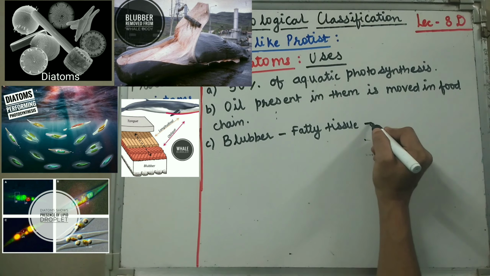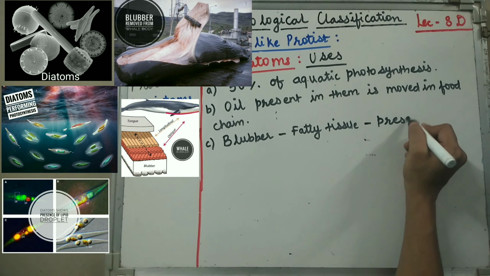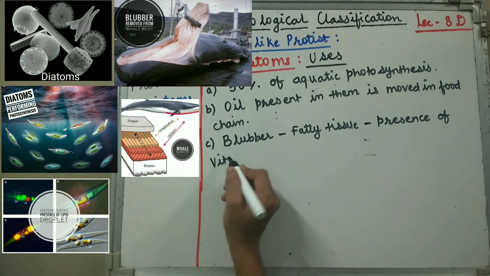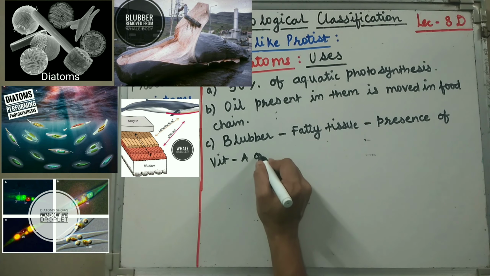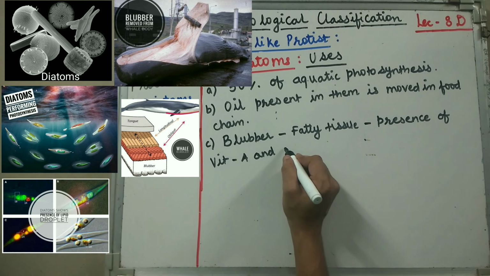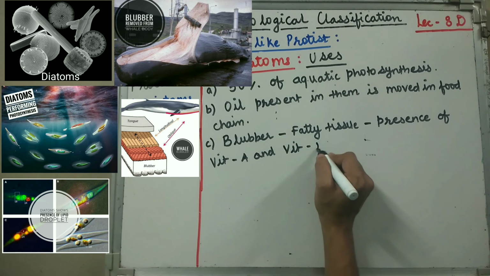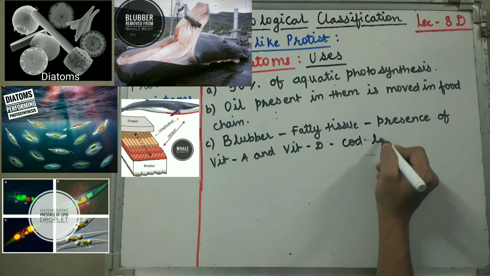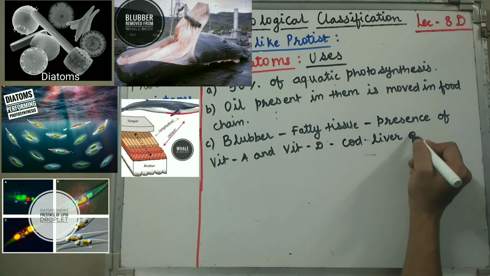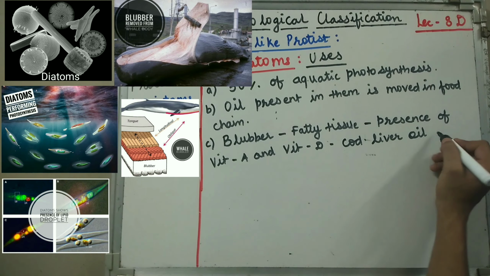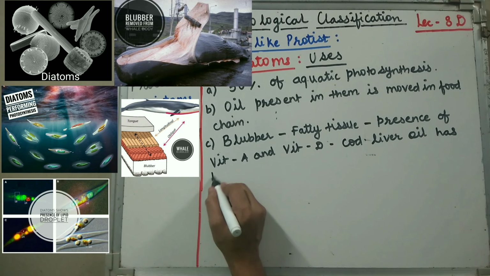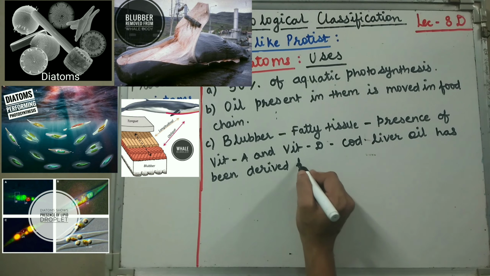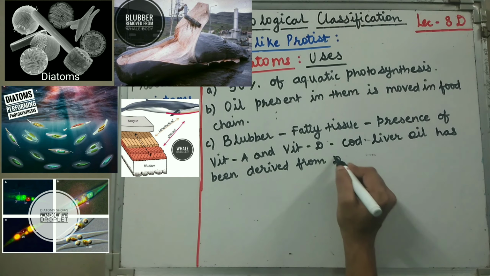In blubber tissues, there is presence of vitamin A, and it is also rich in vitamin D, which could be the source of cod liver oil that has been derived from diatoms.